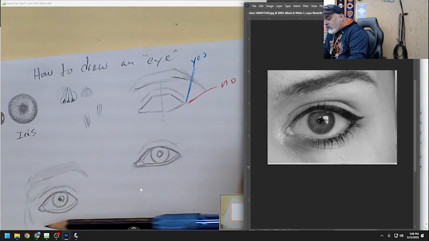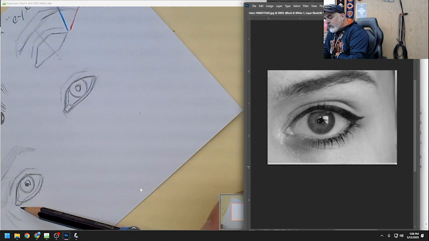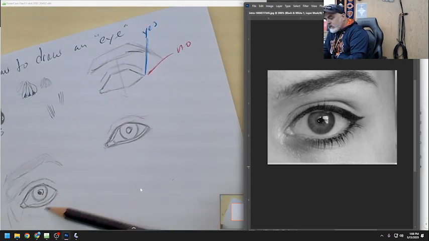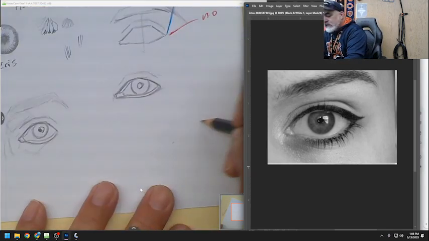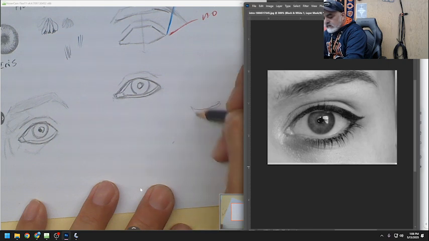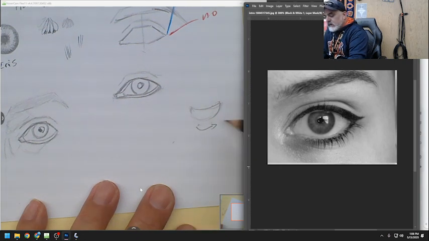And we never, ever, ever draw a line underneath for our bottom eyelid. We always render the bottom of our eyelid. Now, the bottom of your eyelid, again, is like a dam. It's like this. This is the bottom of your eyelid, just like this, and it's round this way.